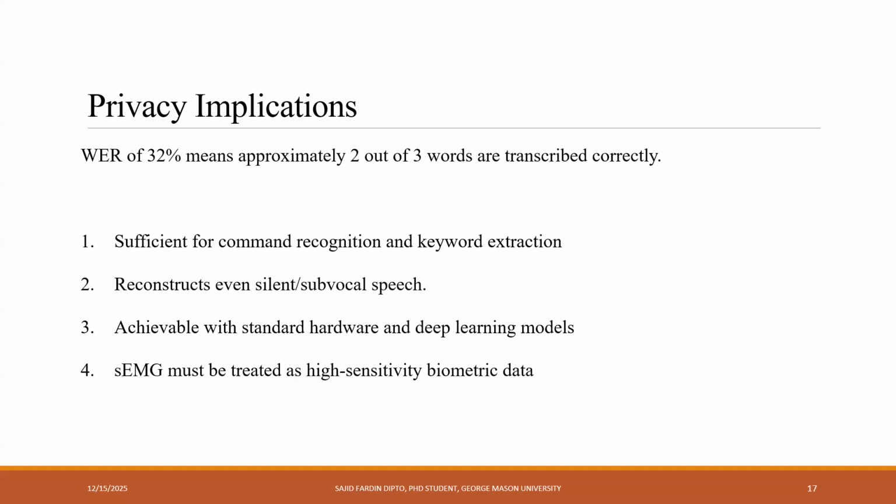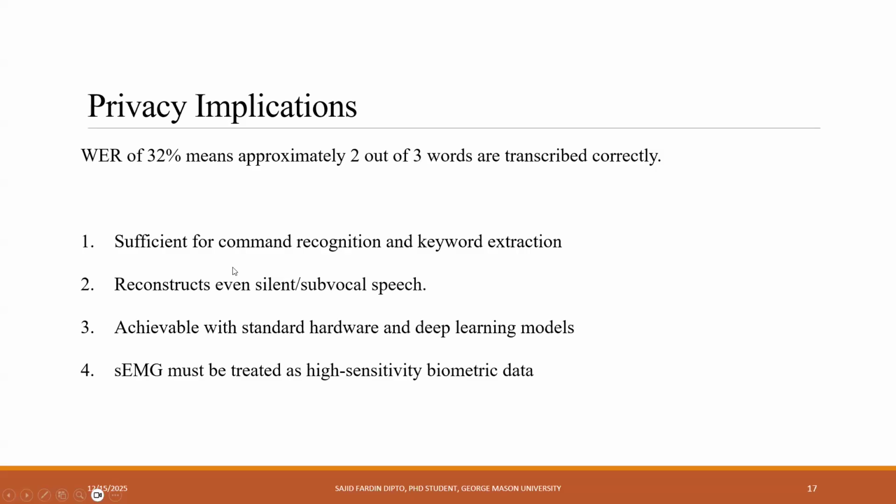And also, we saw that we can reconstruct silent or subvocal speech. And with the help of the latest hardware and the latest deep learning models, we can achieve even better results. So for this reason, SEMG must be treated as high sensitivity data, biometric data.